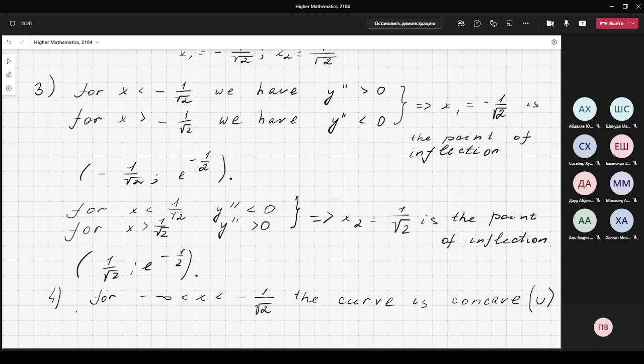For minus 1 over square root of 2 is less than x is less than 1 over square root of 2, the curve is convex.